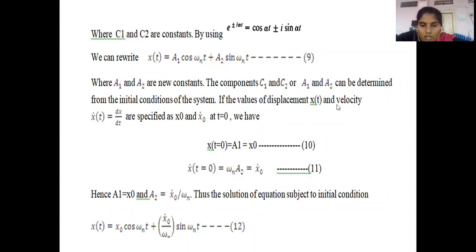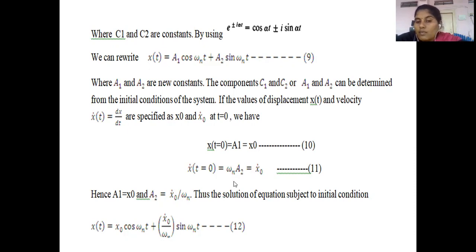So in equation number 11, x dot naught, the derivative of x with respect to t at t equal to 0, becomes a2 into omega n.